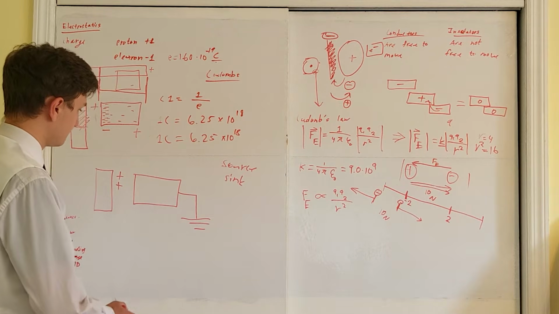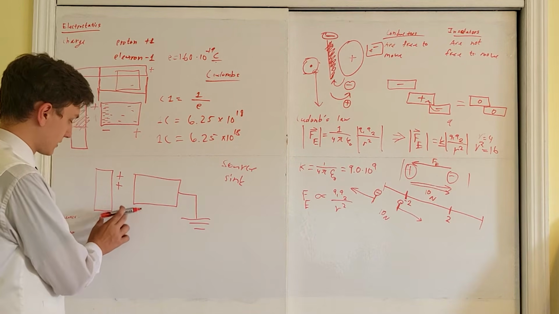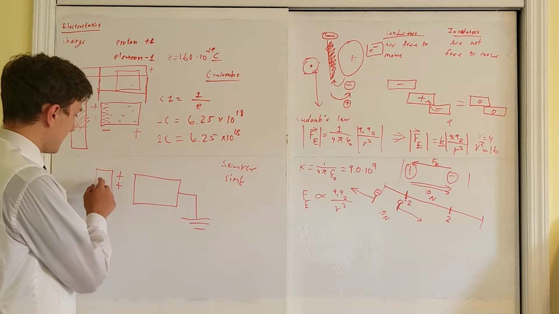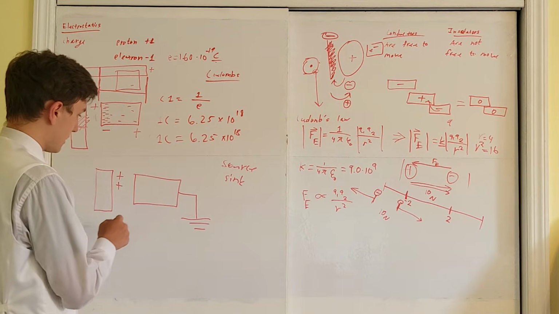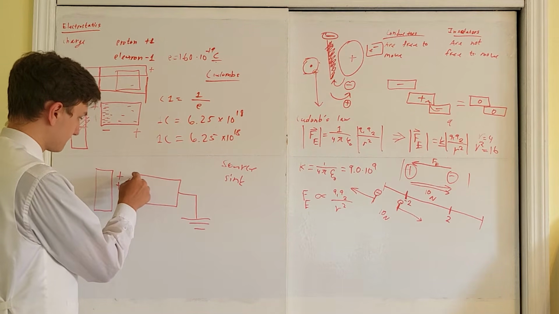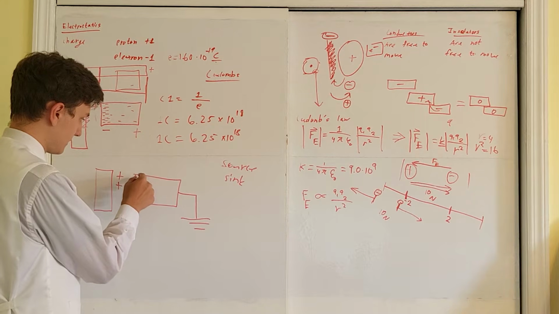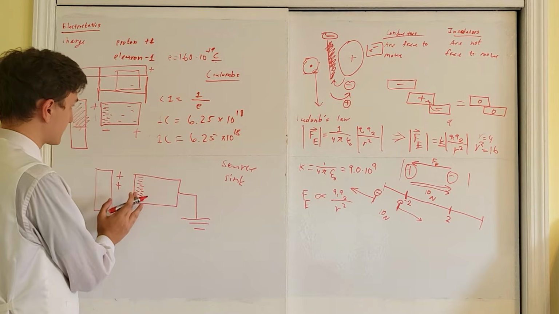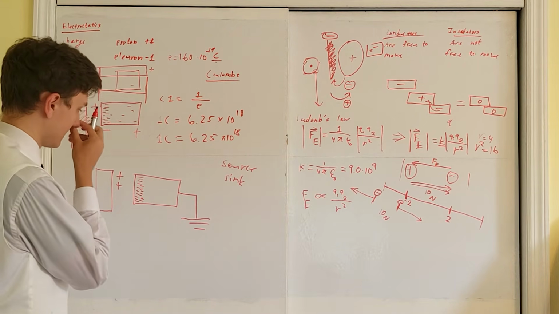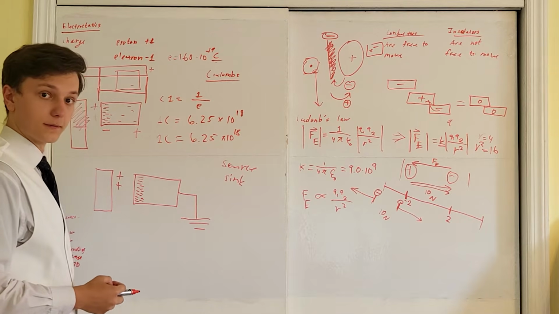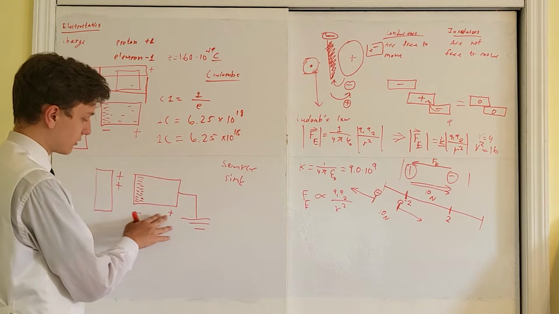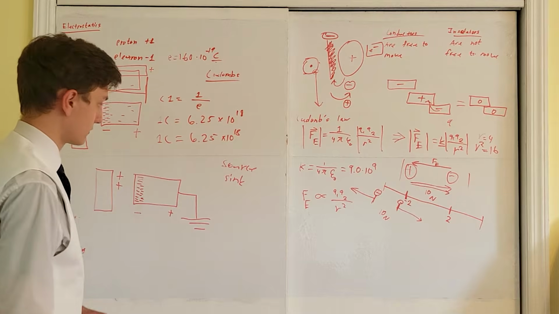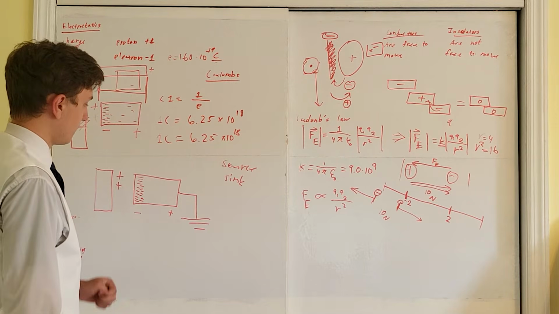In this example, I have a neutral conductor and a positively charged rod, and this positively charged rod is attracting electrons to the left side. It's attracting the electrons in the brick to the left side, just the same as in the example before. However, the left side is developing a negative charge and the right side is now developing a positive charge, just like in the example before.